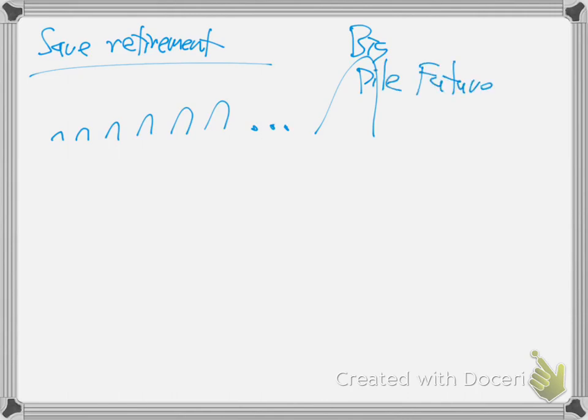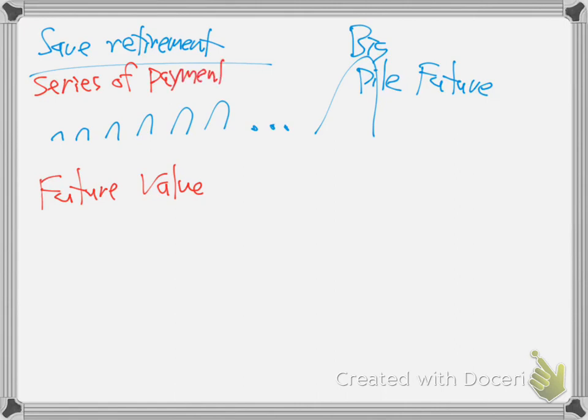You're saving for a big pile in the future, or just saving to buy a car, go on vacation, or whatever. Any kind of saving for the future. So that's called future value. And it's a series of payments, which is called an annuity.